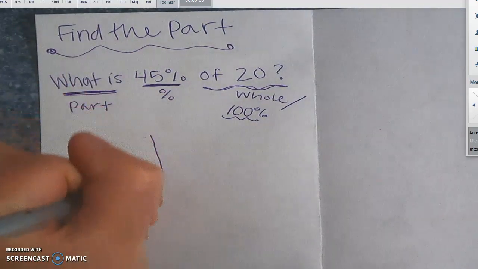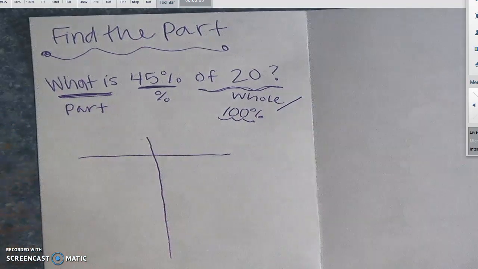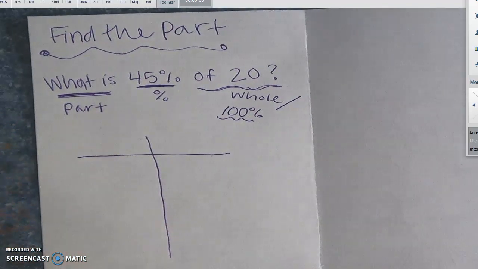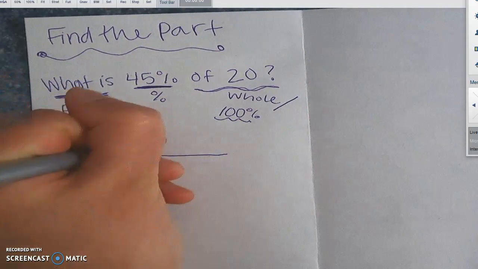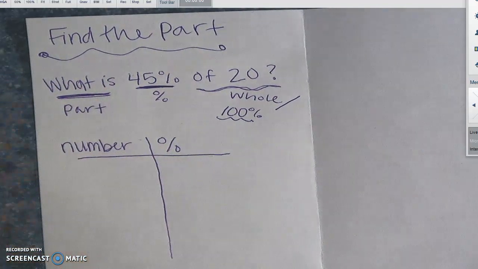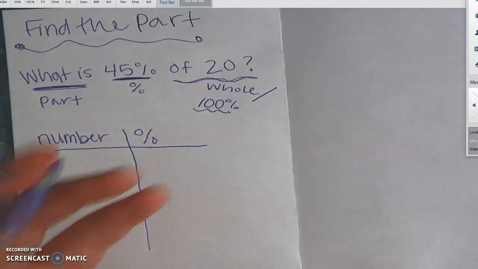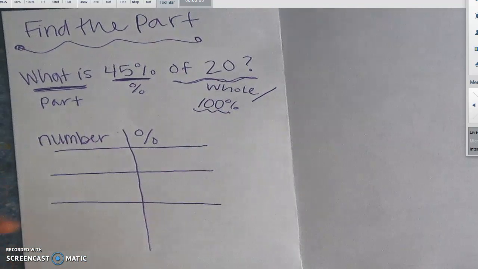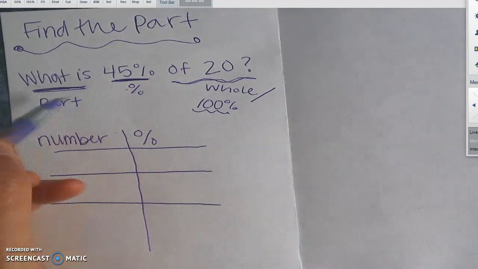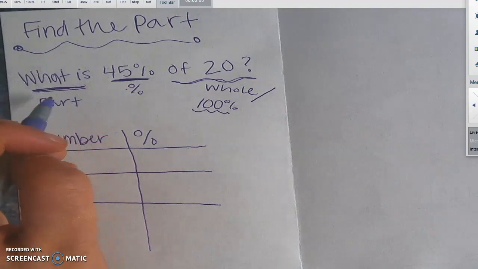So we're going to make a table. I'm going to label it backwards of what we did yesterday, but it doesn't really matter. I just think it makes a little more sense to have the number on the left side and the percent on the right side. So, number and percent. I have my percent, but I don't know what number it is. So I don't know my part that goes with 45%.